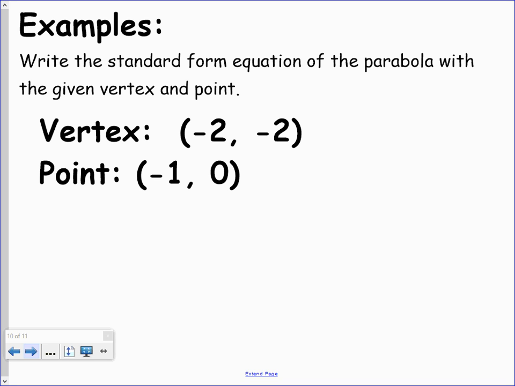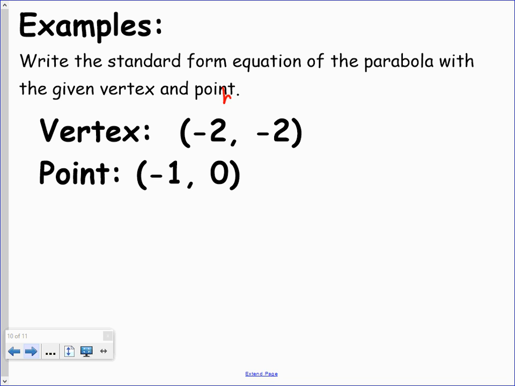See what they say. The last example is, can you write the standard form of an equation given the vertex and a point? And so again, think about this standard form, y equals a times the quantity x minus h squared plus k. What could you do with that vertex and that point to help you write an equation, Rachel? Okay, that's h and k, so we know h and k.